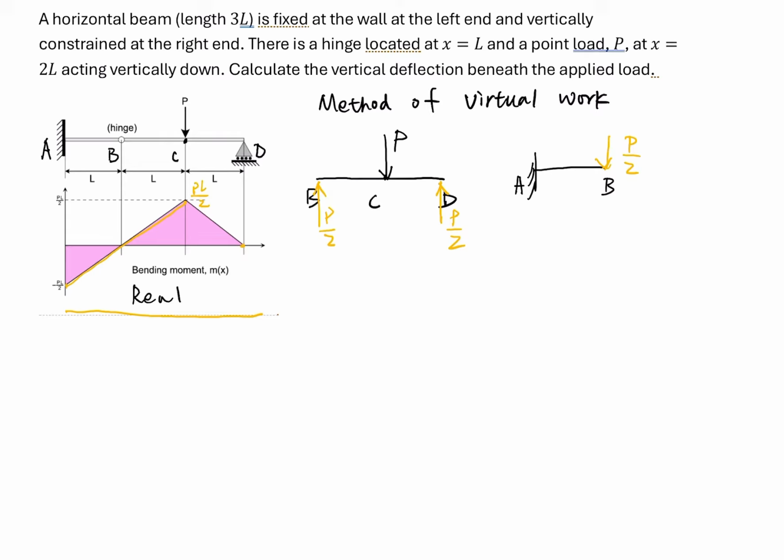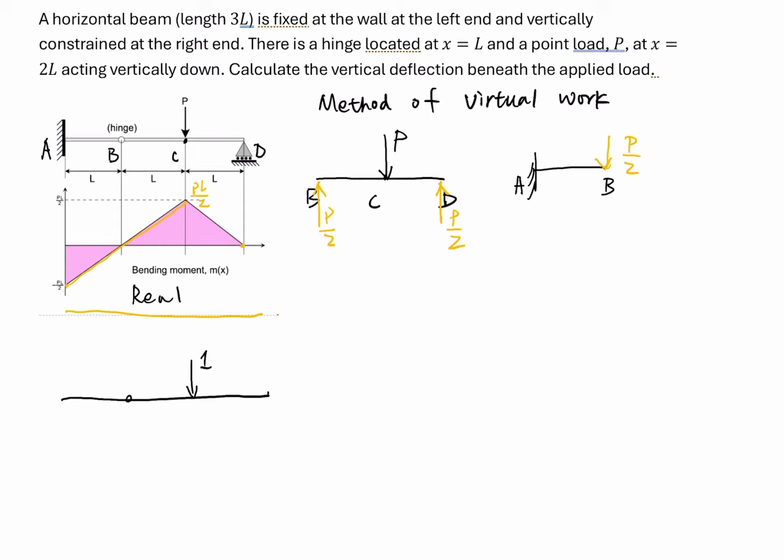And for the virtual system, we apply a unit load at point C. The bending moment has the same shape as this one, because if we apply load P, the shape is like this.